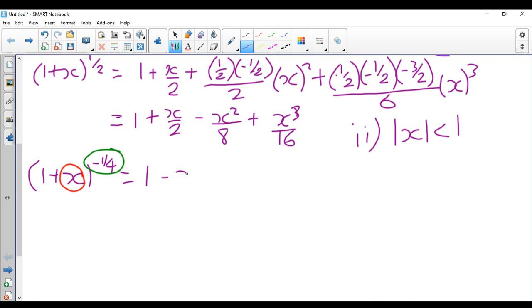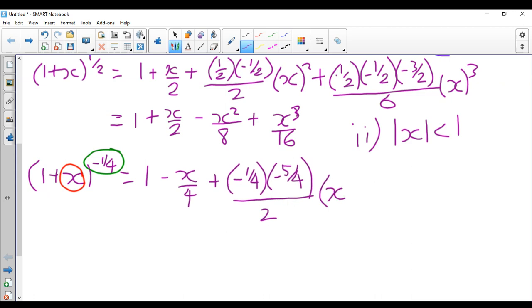So I've got minus x over 4, so minus a quarter times x, plus minus a quarter. Minus a quarter minus 1 is minus 5 quarters. Again, you do not need to do that in your head if you're not as confident with your fractions. And if you're not confident, then work it out in a calculator, because you do not want to lose silly marks for it not being right.